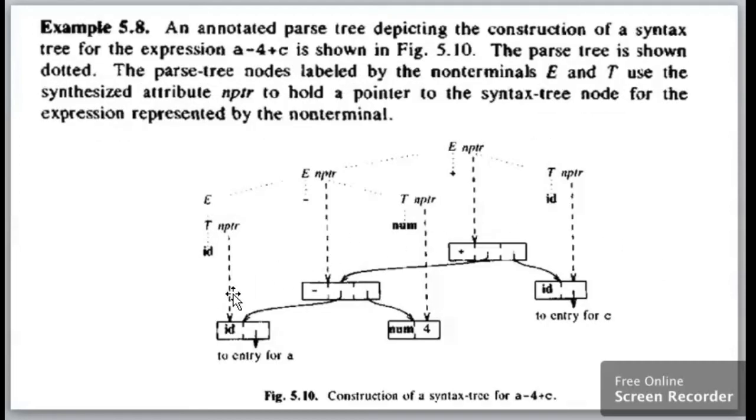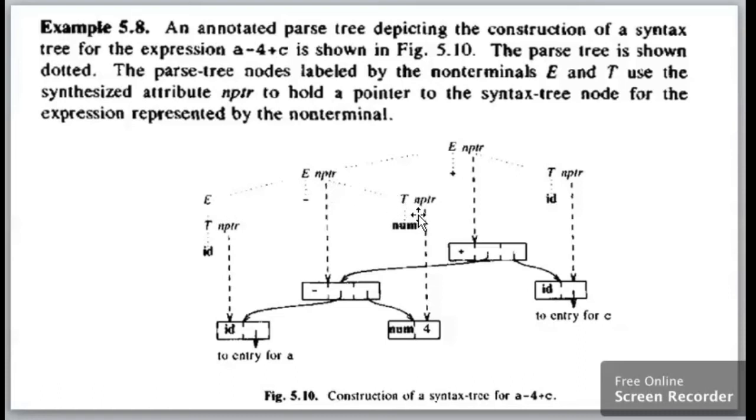So what we are doing over here is T dot nptr, I have created a leaf for id, that is the entry to the symbol table for identifier a. Now this is going to be for the E.